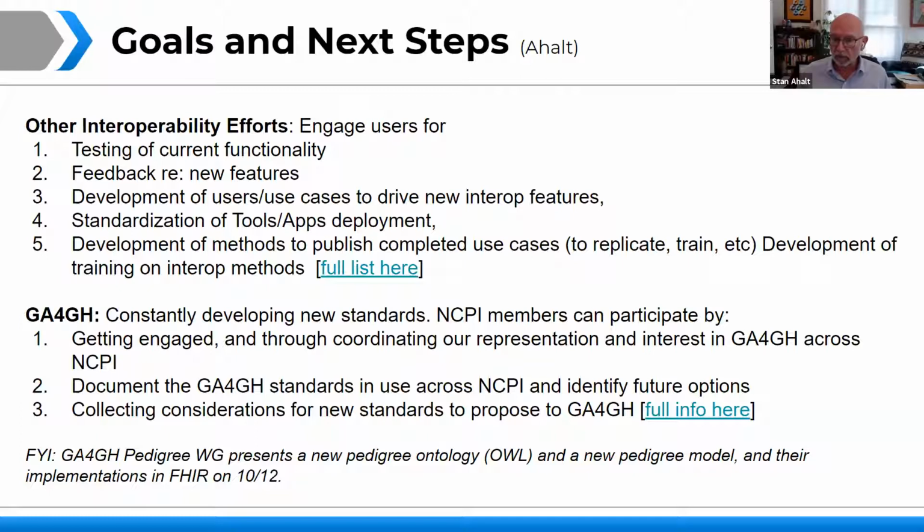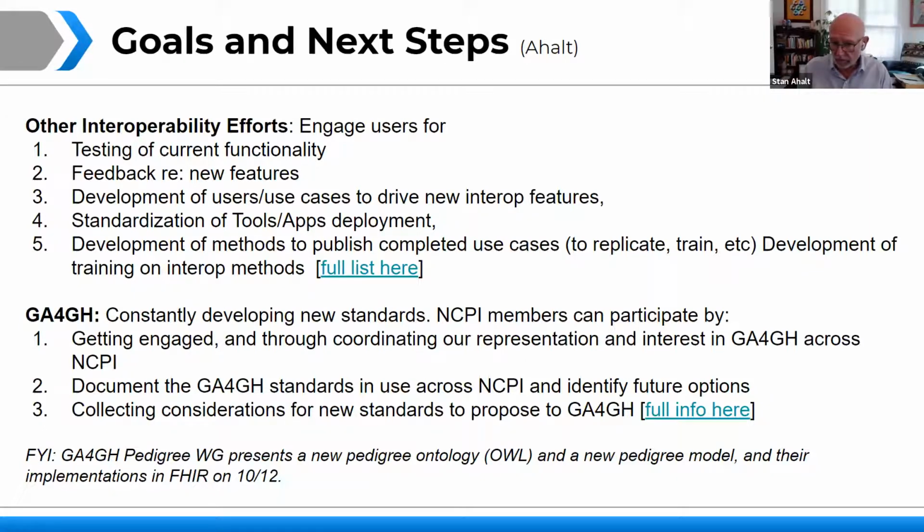We have a number of people in our group that regularly attend, so we should be cognizant of the fact that we want to make sure that we lodge some of our interest into those representatives so that it gets taken up by the GA4GH community. We should document the standards that are in use across NCPI and think carefully about where we want to go in trying to help shape GA4GH's activities in the future.